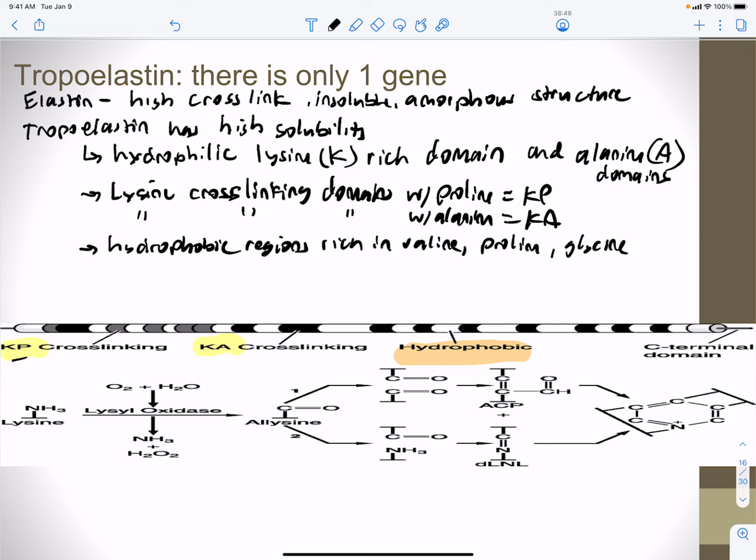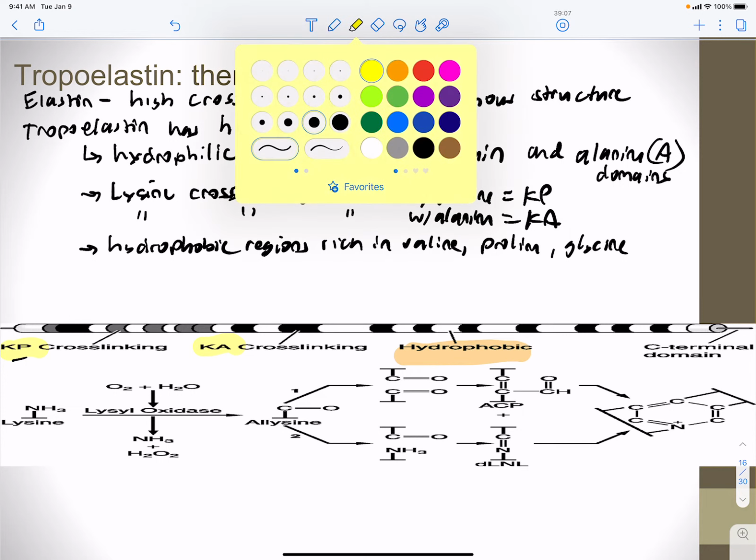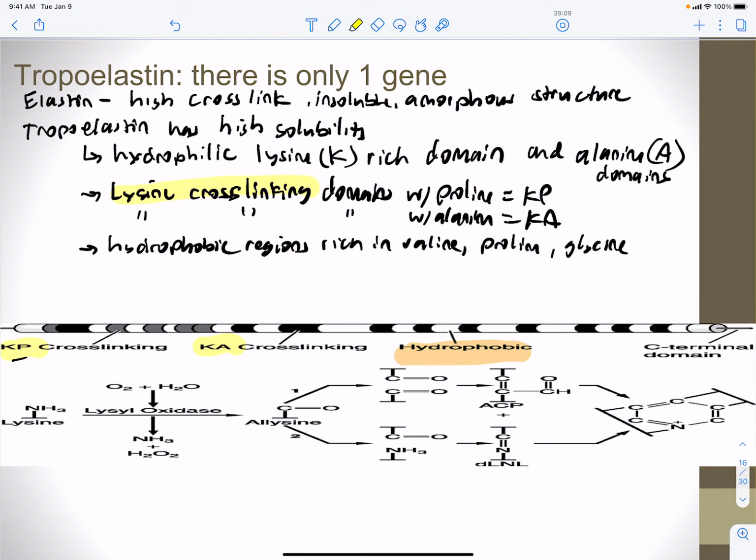So when the tropoelastin is secreted from the cell, it is aligned with the microfibrils, and the lysyl oxidase is going to initiate reactions that cross-link elastin molecules, and the cross-linking is again going to use lysine. So lysine is going to be cross-linking. The net result of this cross-linking is the generation of a fibrous mesh that encircles cells.